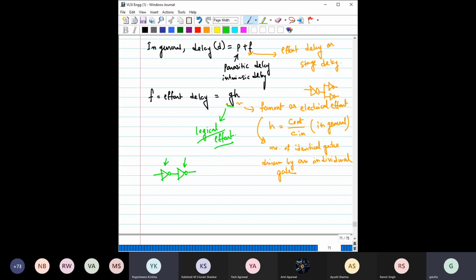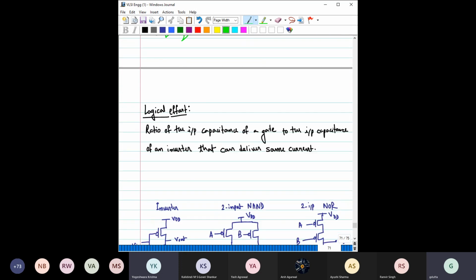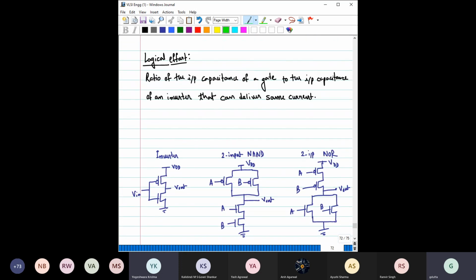Just wait for one or two minutes, you will understand what I mean by complexity. But if this inverter drives, say, a NOR gate, then the complexity or the delay would be different, so the logical effort G would be different. Let us now discuss on the next page what we mean by logical effort.